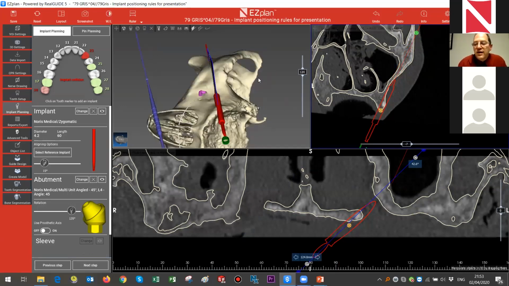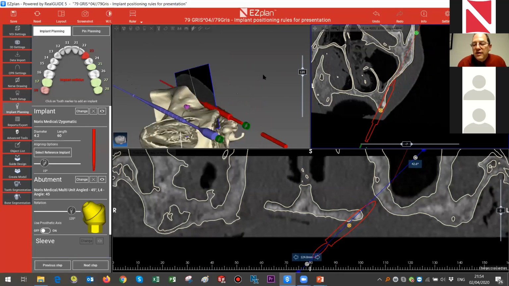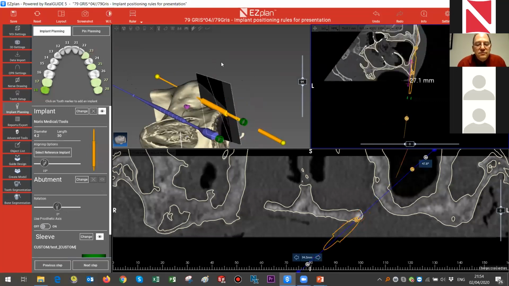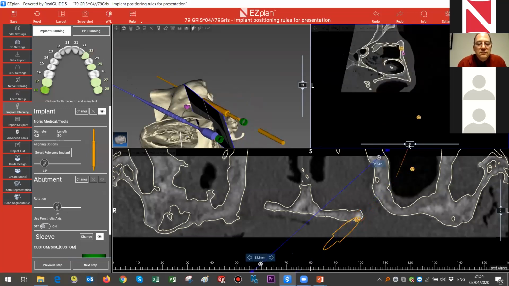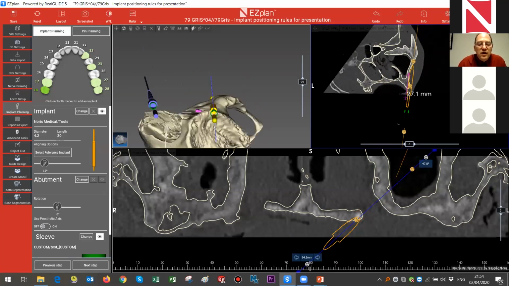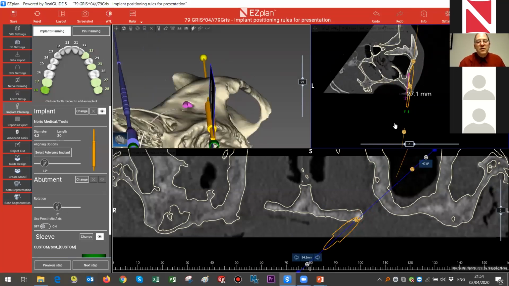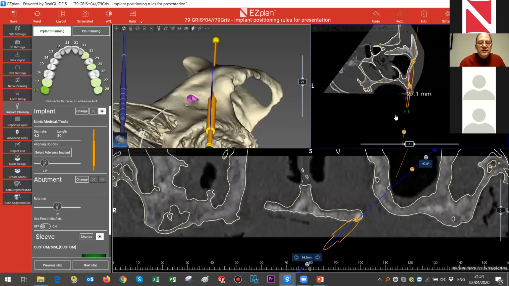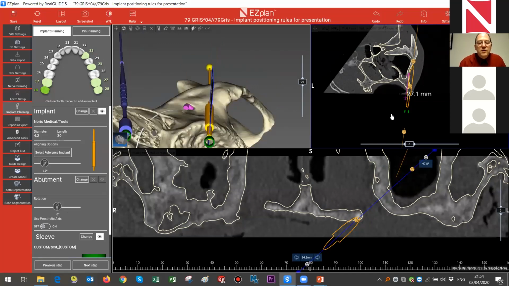Let's say we guess a point like that. When we position an anterior implant, we want to be in a position where we see the zygoma, something like we see it horizontal here.